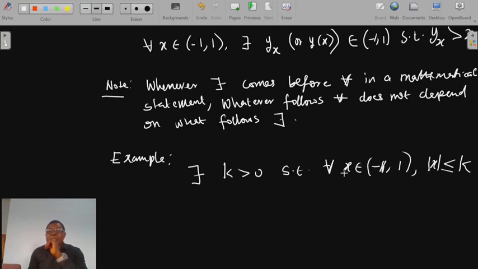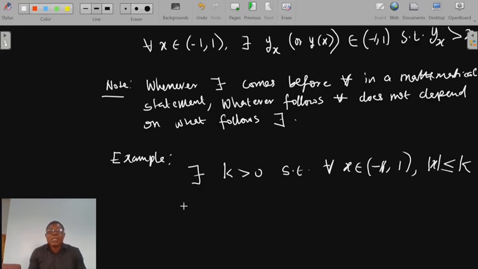What this statement is saying is that we can find a positive number k, so that whenever we are given a point x in minus 1, 1, the absolute value of that x will be less than or equal to k. This statement is a true statement. This k is on its own and is controlling every x in this interval, in the sense that absolute value of x is less than or equal to k. And this therefore means that x does not depend on k.